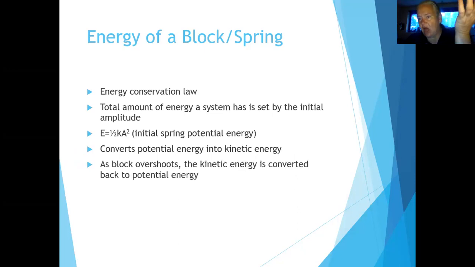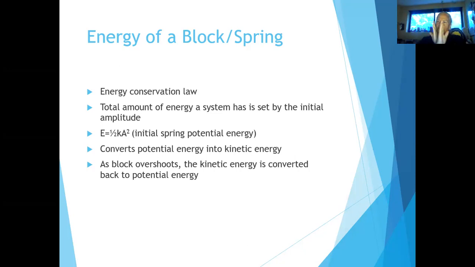So as the block overshoots, you go through the equilibrium position. At the equilibrium position, the definition of equilibrium is there's no displacement. So if I start over here at the amplitude and I slide to equilibrium, I've converted all my spring potential energy into kinetic energy. Then I've got this problem of this momentum, so it's going to overshoot, and now it's going to start to slow down because the spring is going to start to pull back on it.